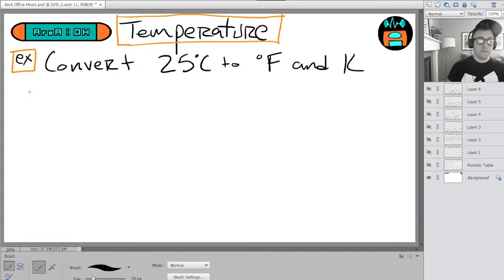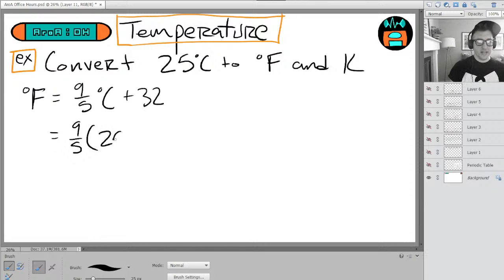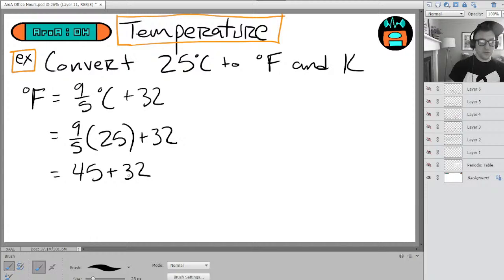To convert from Celsius to Fahrenheit, we use the equation degrees Fahrenheit is equal to 9/5 times your degrees Celsius plus 32. So this is 9/5 times 25 plus 32. So 25 times 9 divided by 5 comes out to be 45 plus 32.